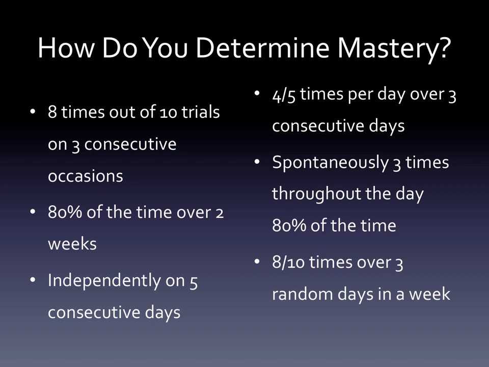Independently on 5 consecutive days would give us a pretty good indication that the student had mastered the skill if it occurs on 5 consecutive days. If one day it does not occur, then the data collection may move on to another time later in the month or next month. I usually suggest that data collection occur periodically for different objectives throughout the month so that the teaching assistant does not feel overwhelmed with data collection.